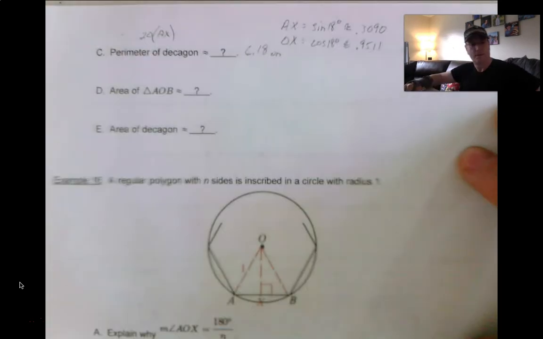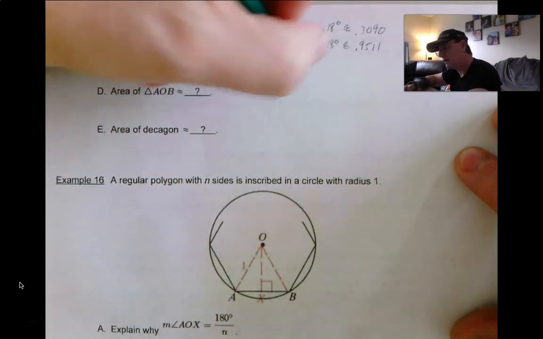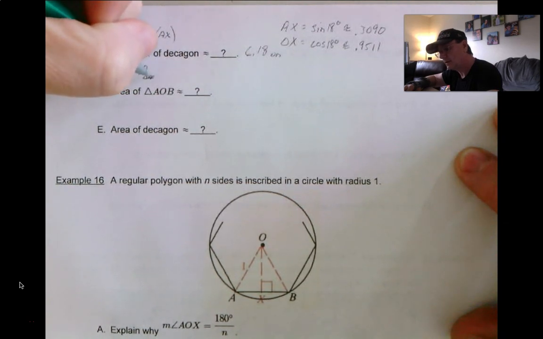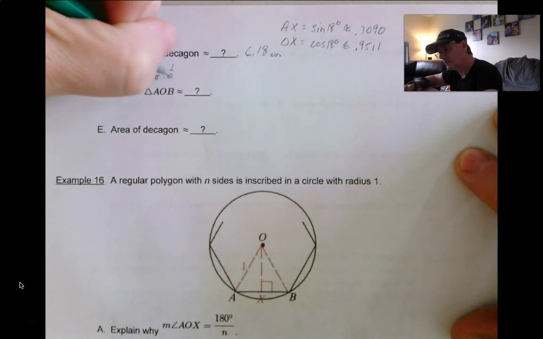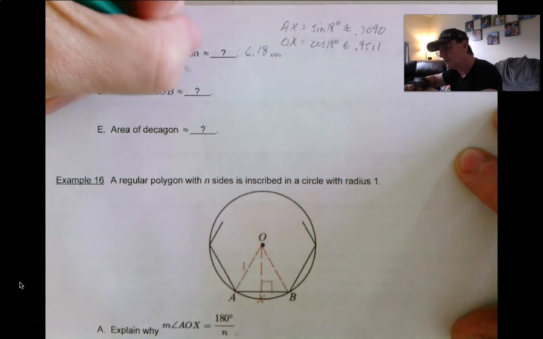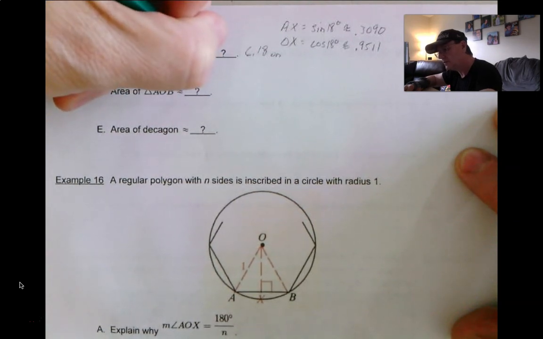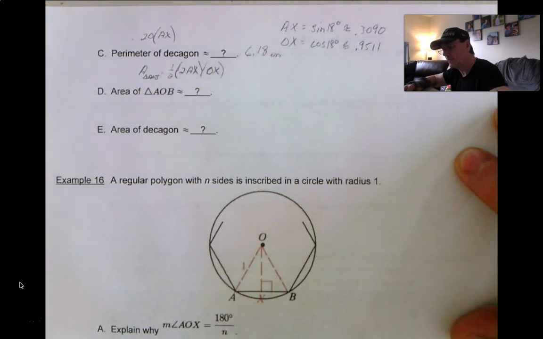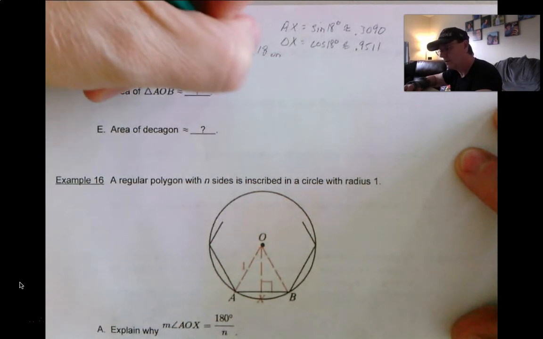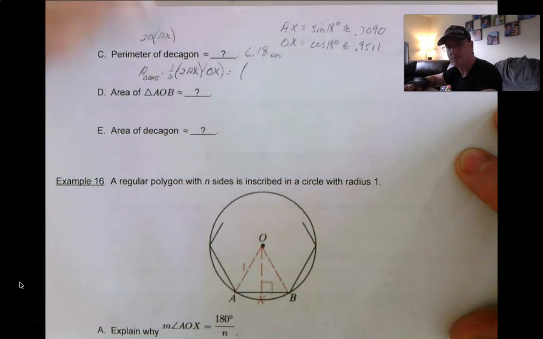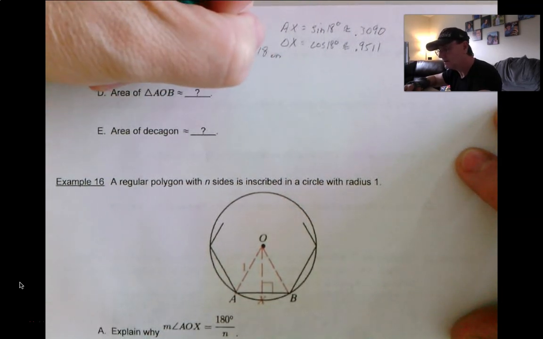So area of triangle AOB equals 1/2 times the base, 2 times AX, times the height, which is OX. Or AX times OX, since AX is half of 2.